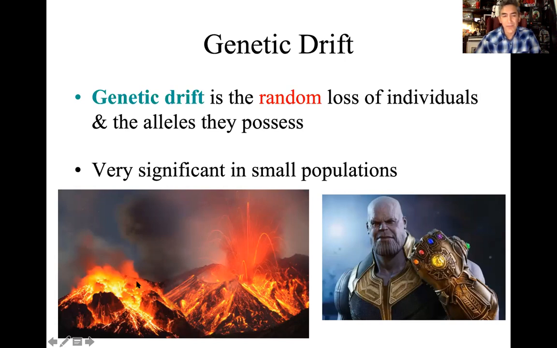I don't care if you're a fast lizard or a slow lizard, you're not going to be able to outrun a whole volcanic eruption, right? Natural disasters, tsunamis, lightning strikes, big fires, things like this are typically going to take the life of well-adapted and not well-adapted individuals. And that's what we call genetic drift.